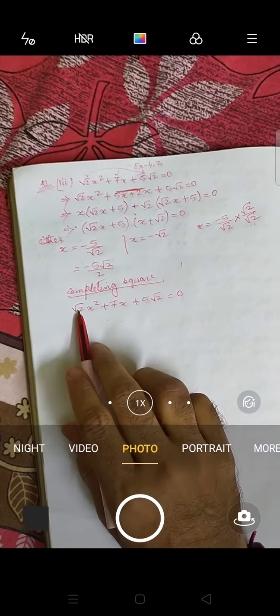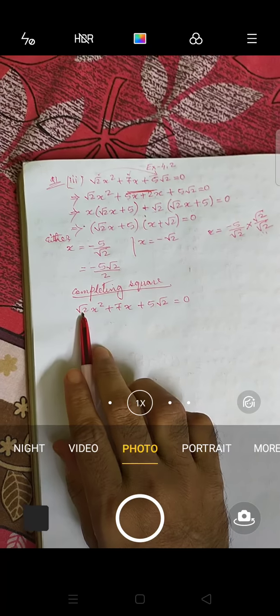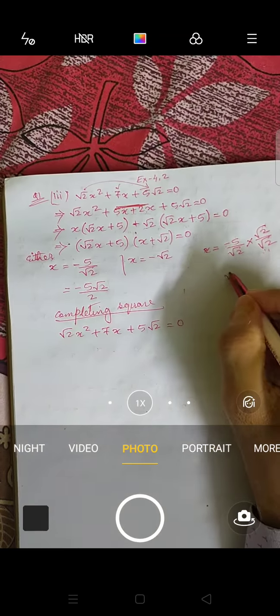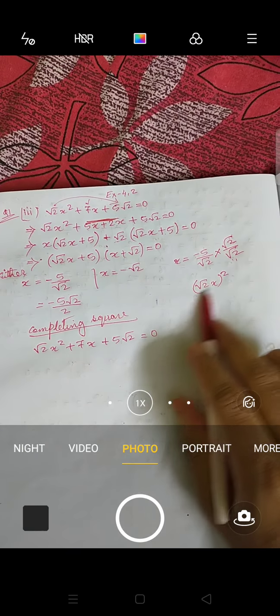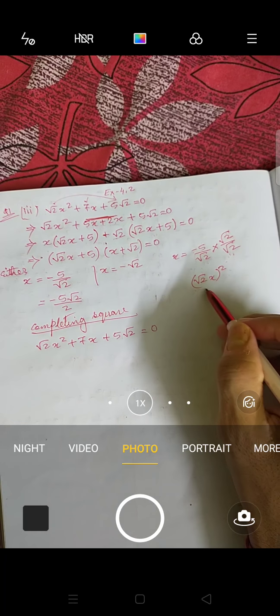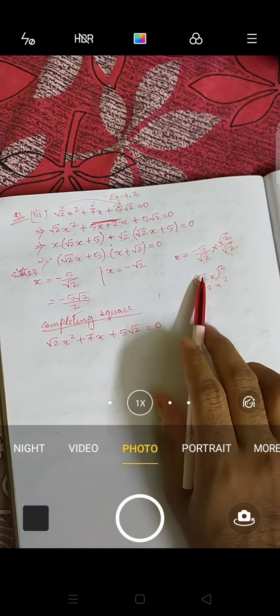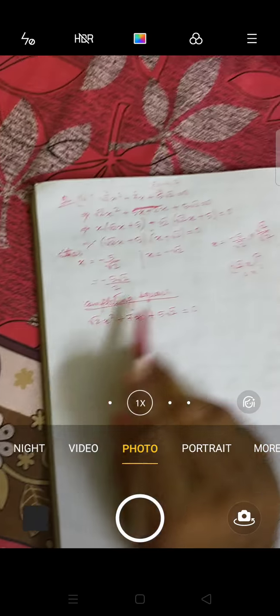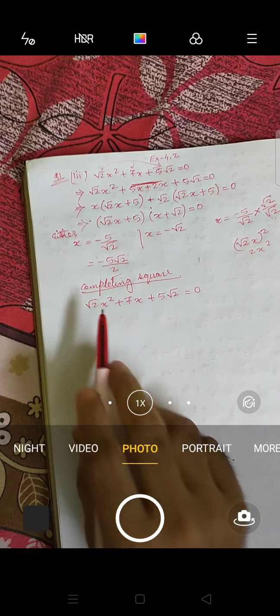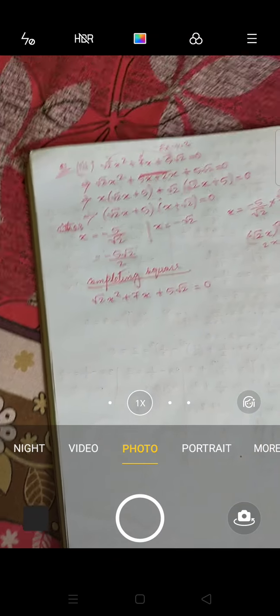Now you can see that root 2 is not a perfect square. So some students write it this way, root 2x as a whole square. If you write this way, it means that this root 2 square will become 2x square. Is this 2x square? No. So your answer will become wrong.